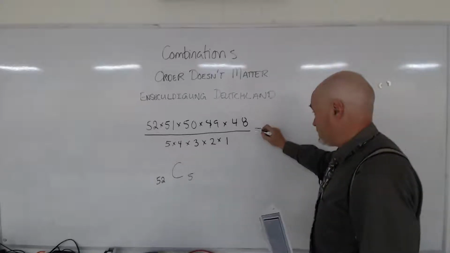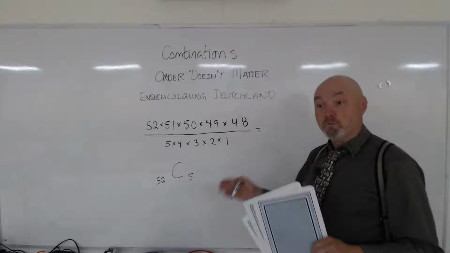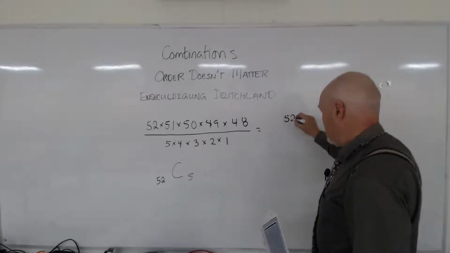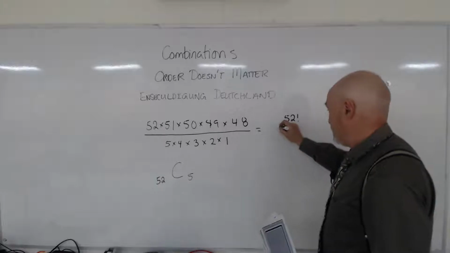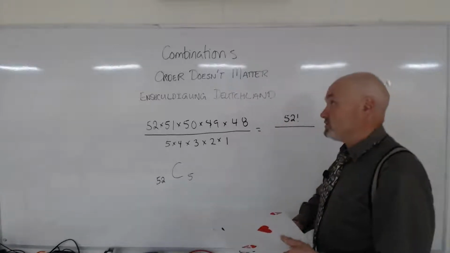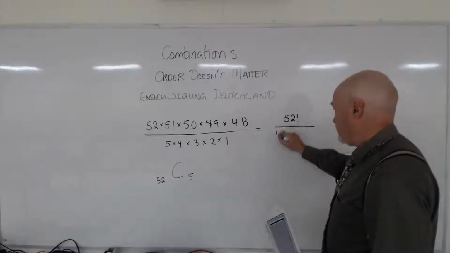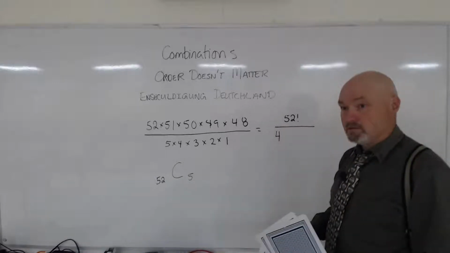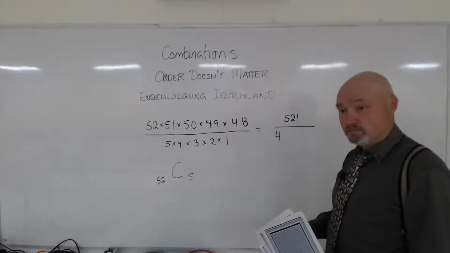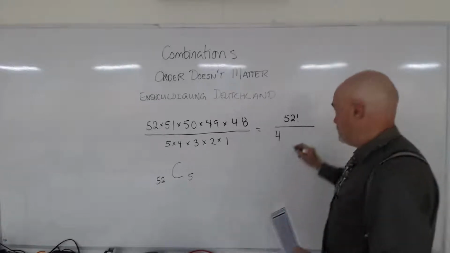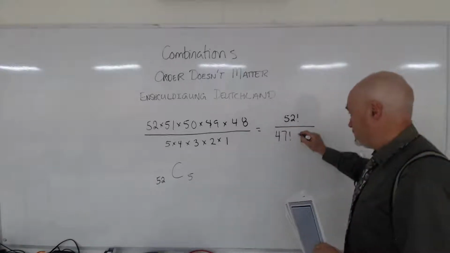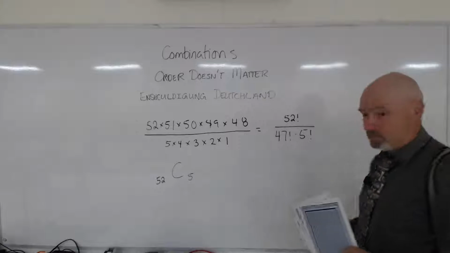Sometimes you'll see this calculation written more generally like this, as 52 factorial over 47 factorial, that's 52 minus 5, times 5 factorial.